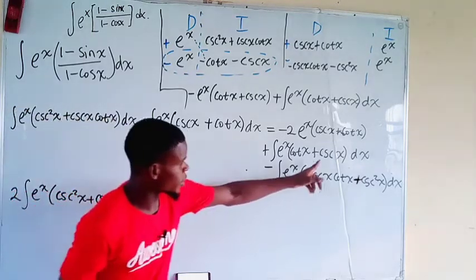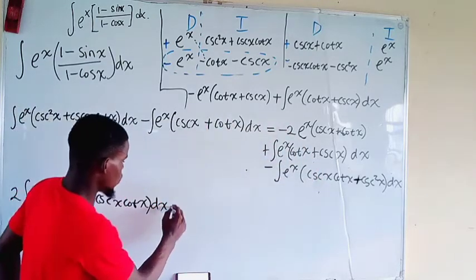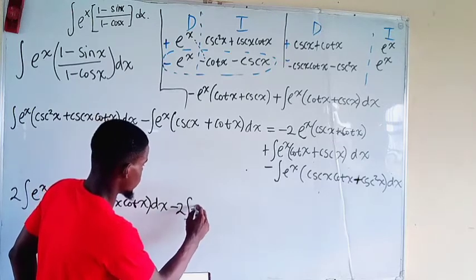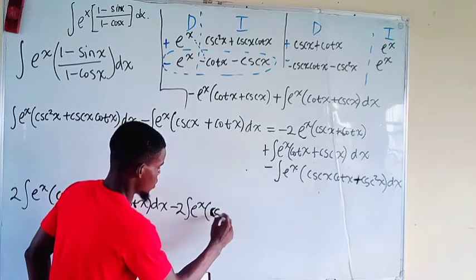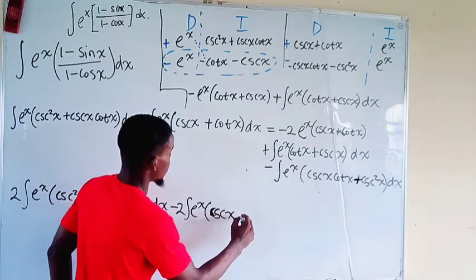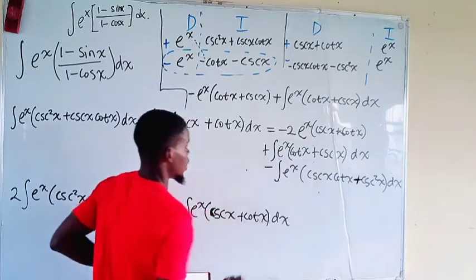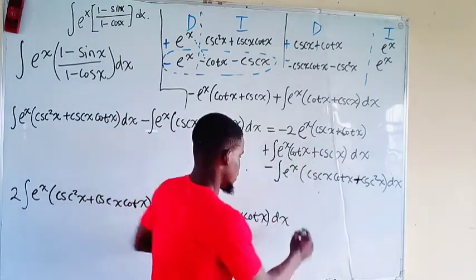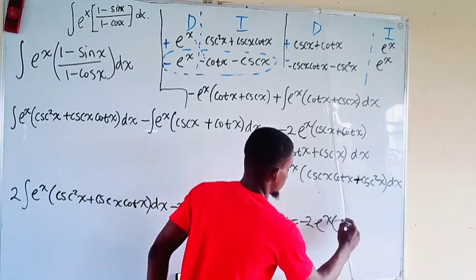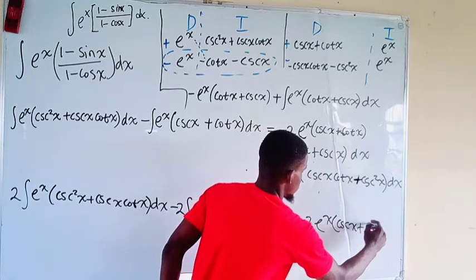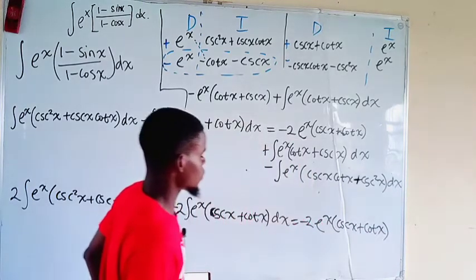Again, we're going to move this positive integral to the left-hand side to become negative, and the same as this. So we're going to subtract 2 of that, right? Because they are just the same. Then cosecant x plus cotangent of x. Good. And on the right-hand side, we just have this one left. That is negative 2 e to the power of x times cosecant x plus cotangent of x. Great.